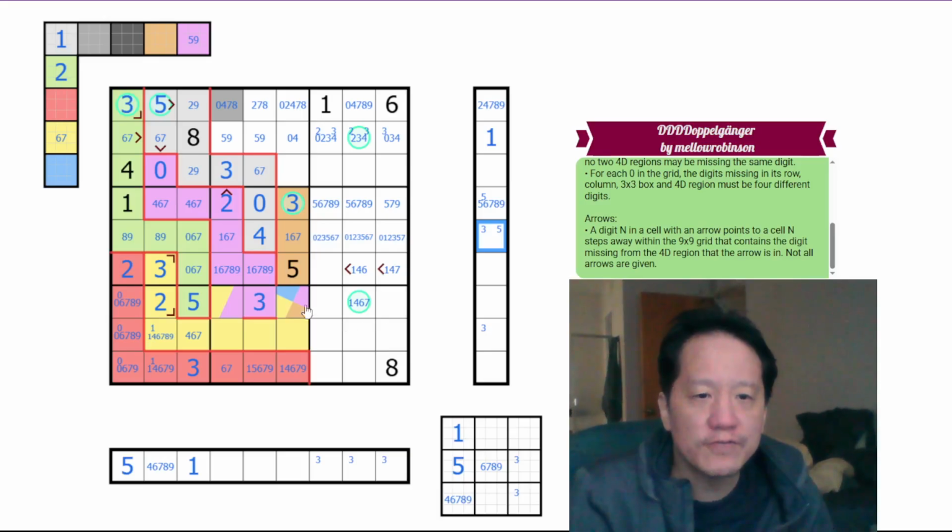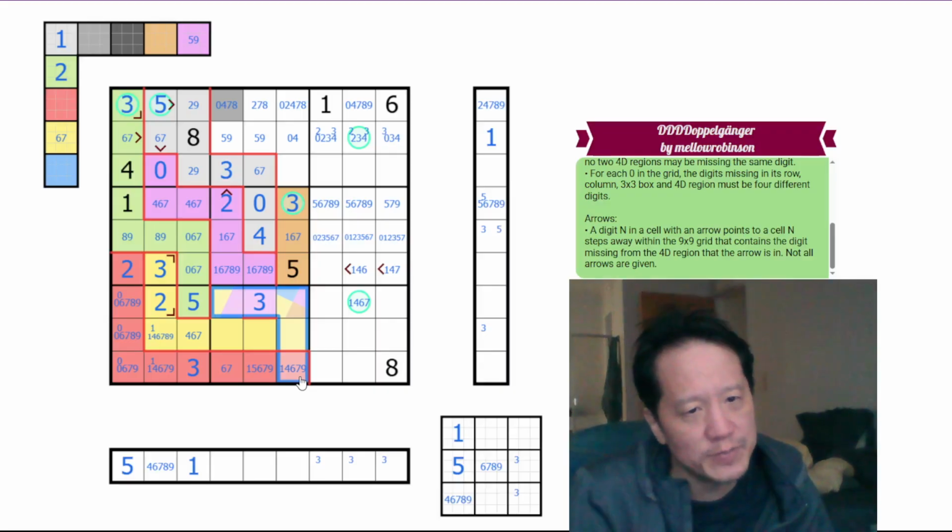We have to have a 5 in box 8. Cannot be here, cannot be here. I guess it could be red, right? One of these 3 is a 5 in box 8.